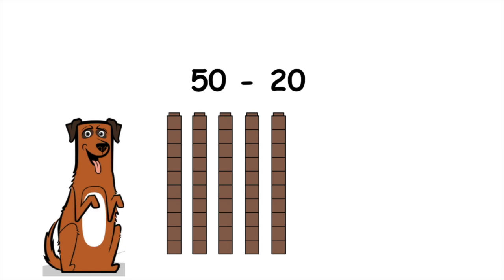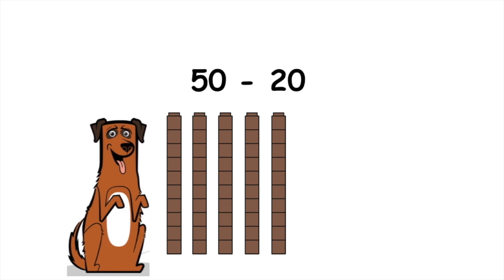Great work! Now let's go over this together. I'm going to use cubes to solve this problem. Because Goldie starts with 50 treats, I have 5 tens. Then she eats 20 treats. So how many tens do I need to take away? Right.